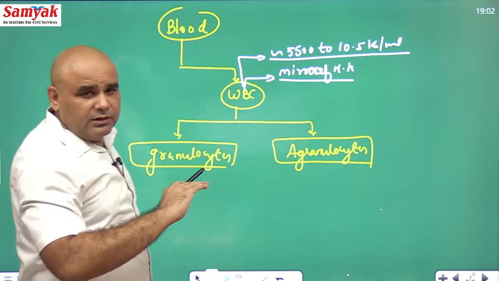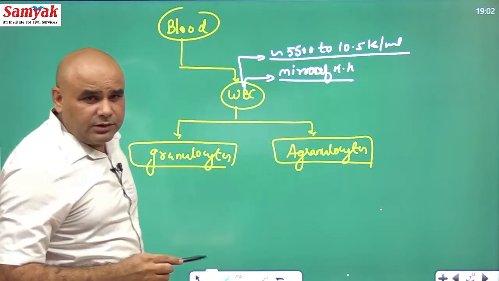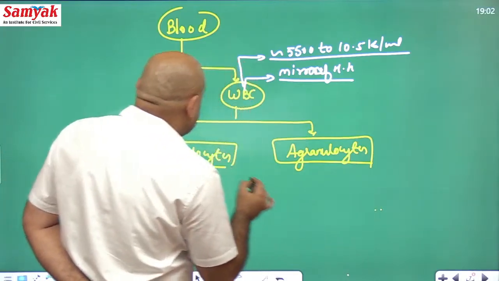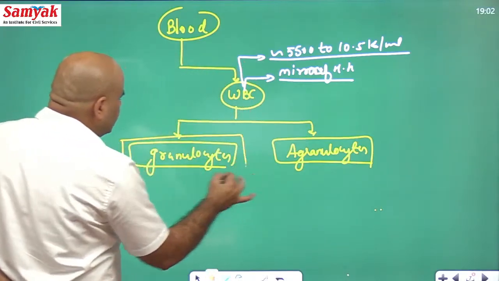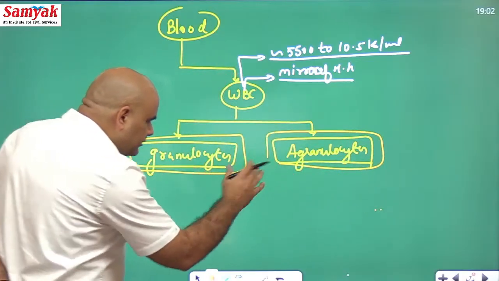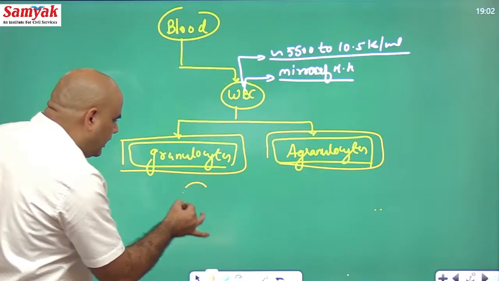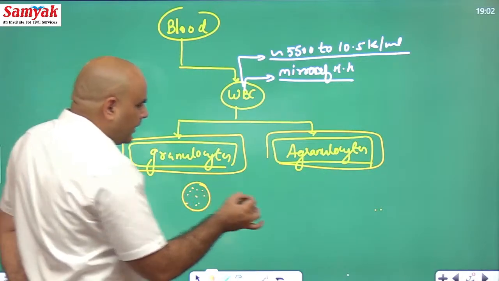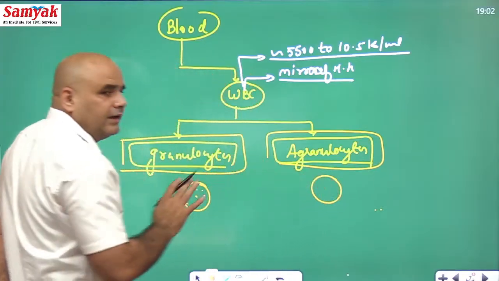This is the normal WBC count. But whenever you talk about types of WBC, there are two types: granulocyte and agranulocyte. The difference is that on granulocytes there are granules, while agranulocytes are clear like this.